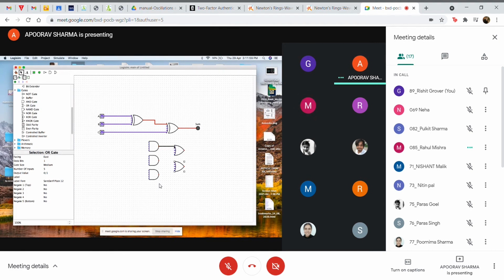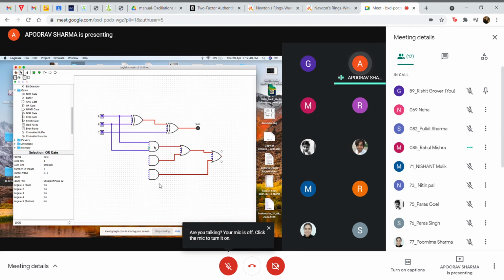So I will extract out these inputs from A. This is from B, AB.